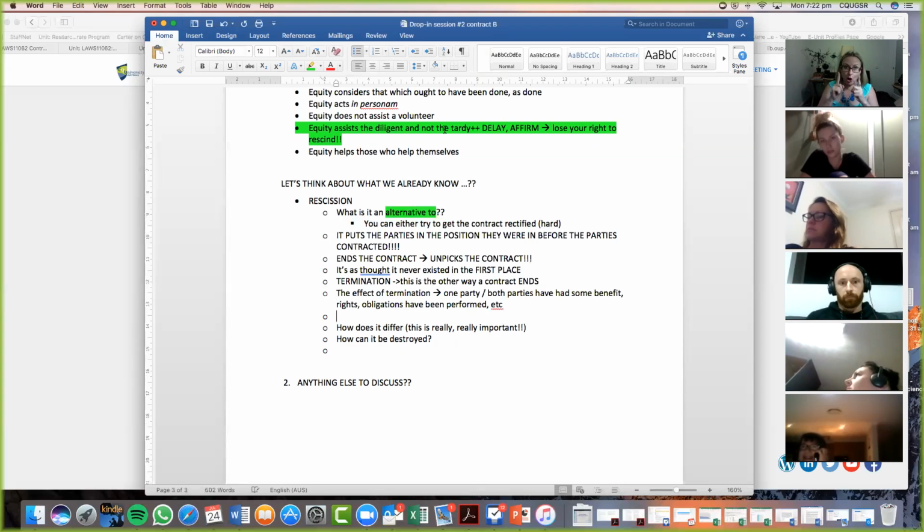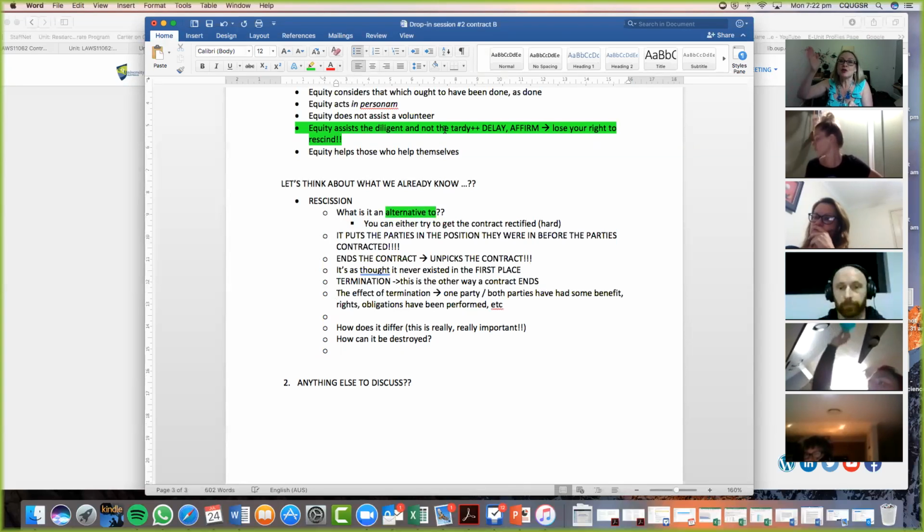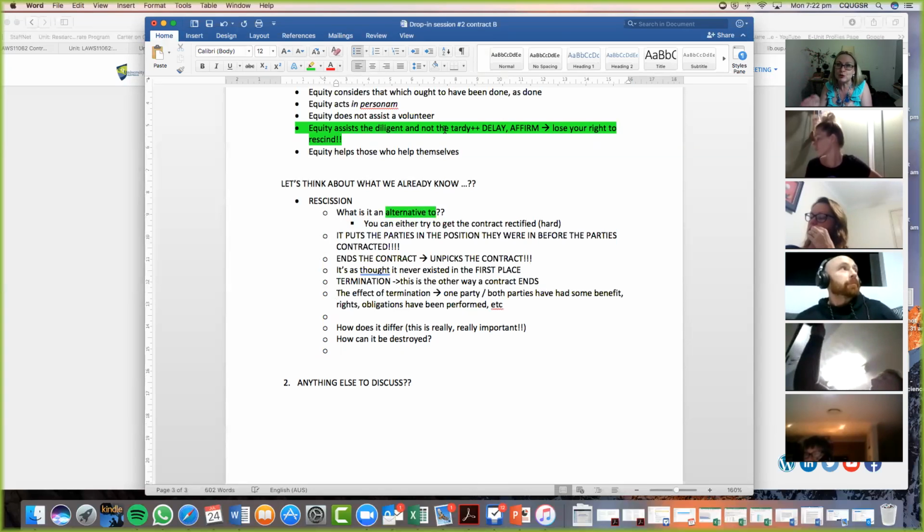The object of damages in contract is not just to put you back into your start position, because we're not worried about rescission here, where everyone knows there's a contract. It's just been stopped dead in its tracks. So what does the court want to do with damages then? They want to get the plaintiff into the position as if the contract had been fully performed as they had expected it to be performed.